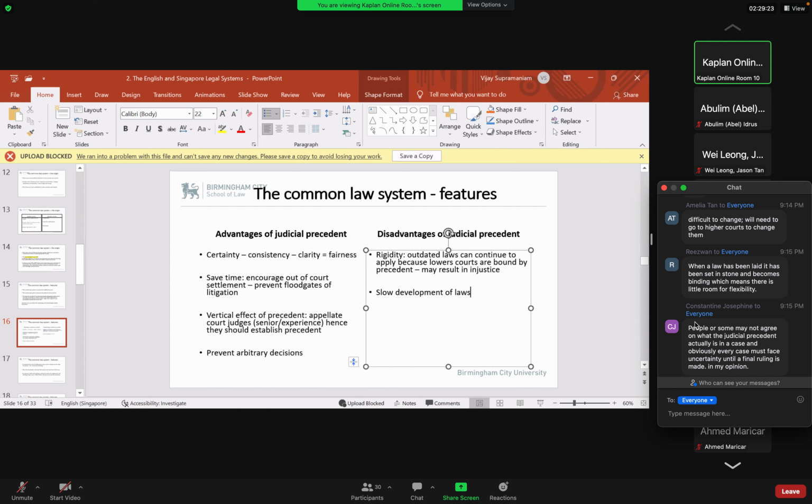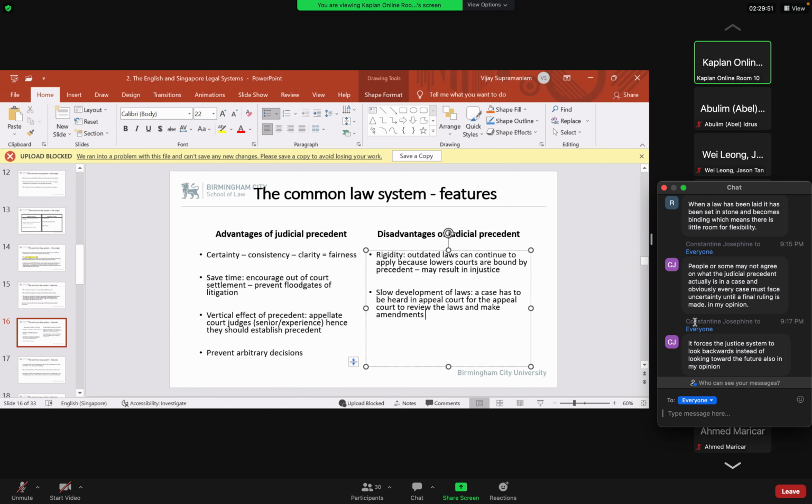Why is it that there's slow development of laws? Because now you need to wait for a case to go to the appeal court. A case has to be heard in the appeal court for the appeal court to review the laws and make amendments. Which means it involves a lot of costs.